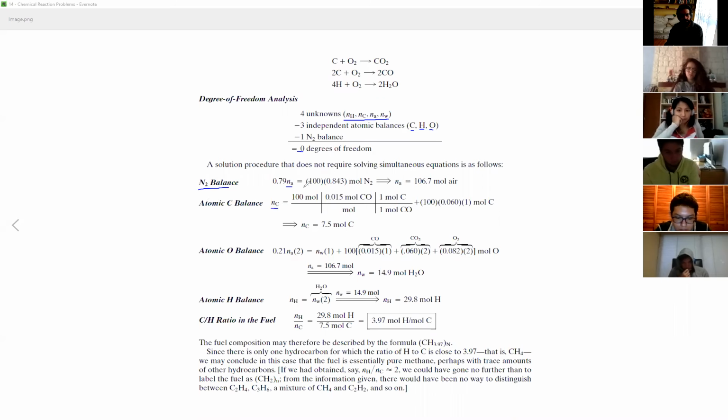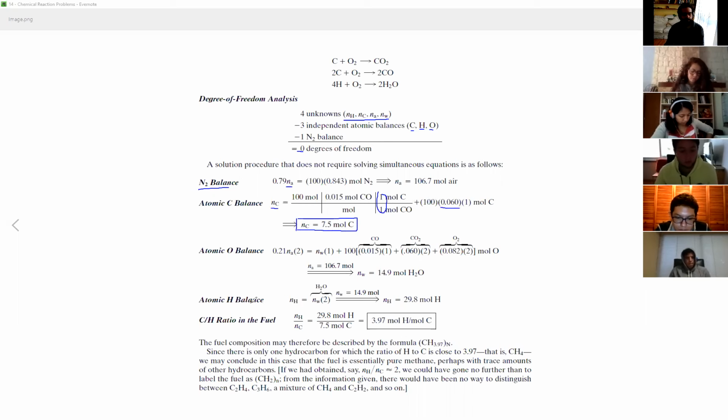The outlet is 100 moles of the gas stack times 0.015 for the CO, and then the stoichiometric relation, that is for each mole of CO, we have 1 mole of carbon, and the same thing for the carbon dioxide. In this case, 0.06 is the fraction, 100 moles of gas stack, and again the relation is 1:1. So with that, we obtain that the number of moles of carbon in the fuel should be 7.5.